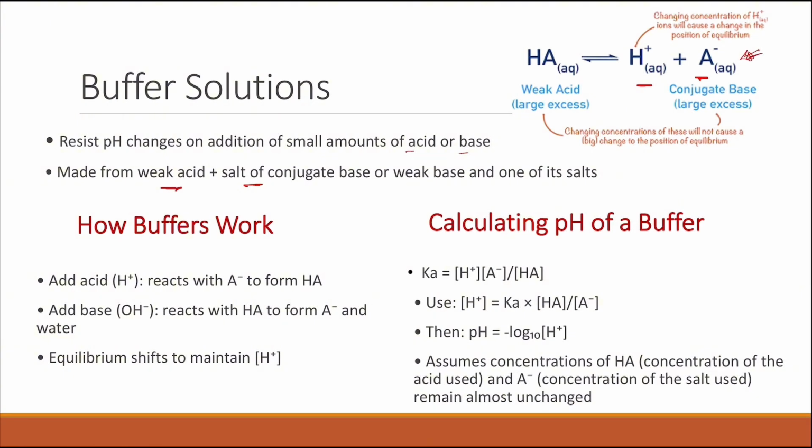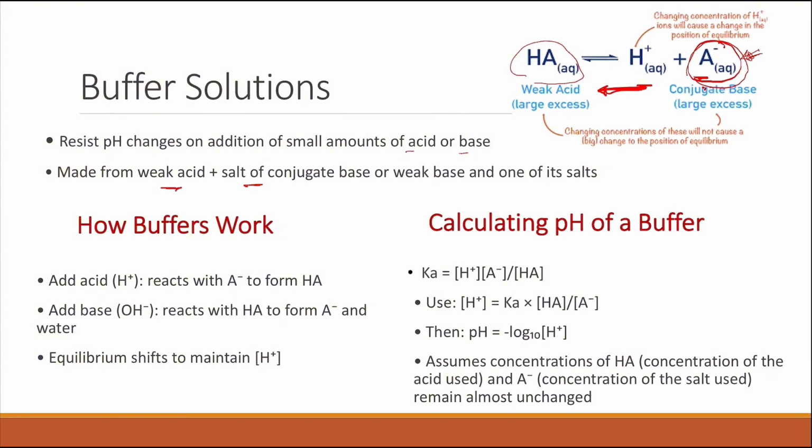So when you add some acid to the buffer, the reaction will be shifted to the left-hand side to compensate for the excess acid, or the acid that is added will react with the anion. The anion is in excess because you added the salt along with the acid. So we have the acid in excess and the anion in excess.